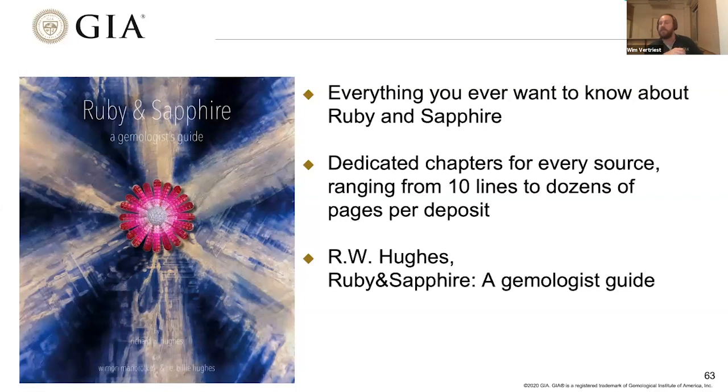Some of these descriptions are only a few lines long. For other sources, he has dozens of pages with information, background, geology, trade knowledge, history. I think the section on Myanmar is over 50 pages long. So if you really want to know more about this Ruby story and more about these sources, this is an excellent resource to go for.